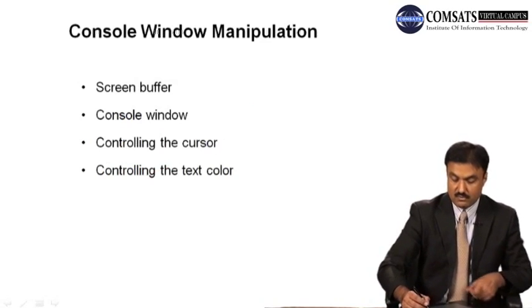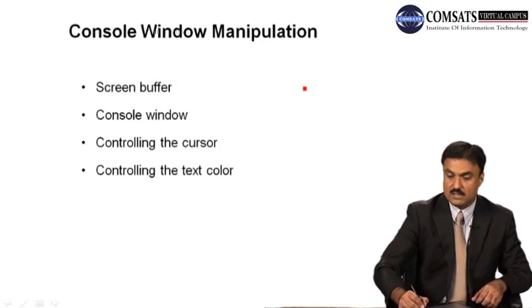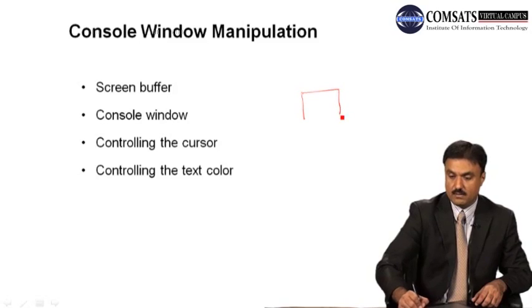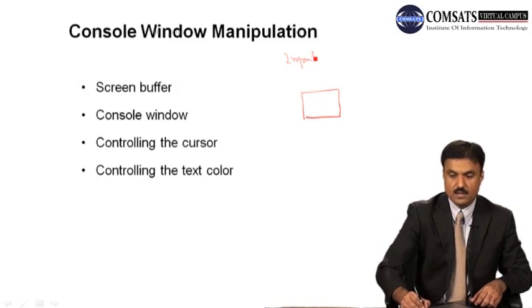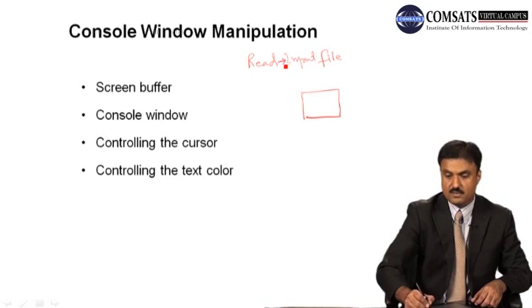For example, if you want to write a file, actually we define a memory area. Input file is when we read information. If you want to read information, then it should be an input file. If you want to write information, the file should be opened in output mode, or as an output file.